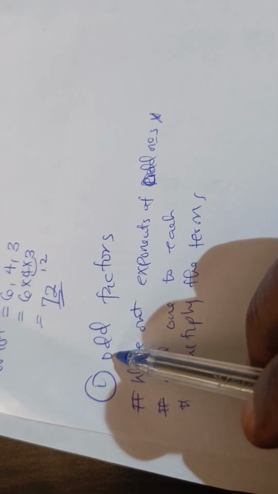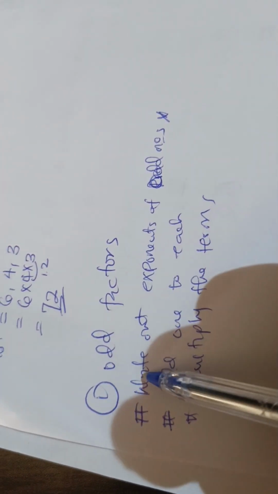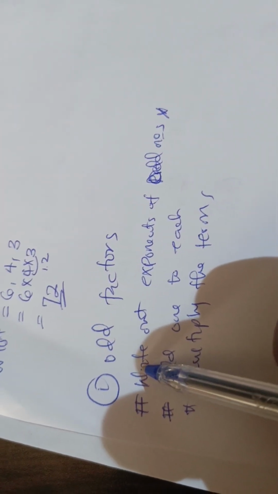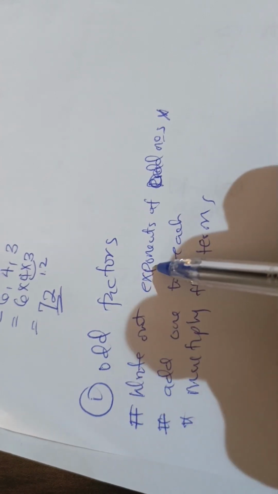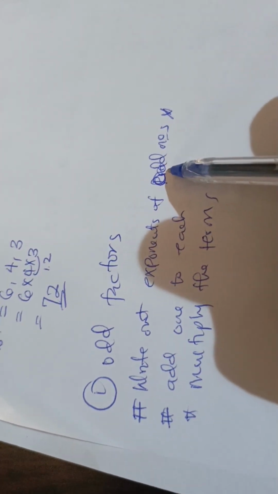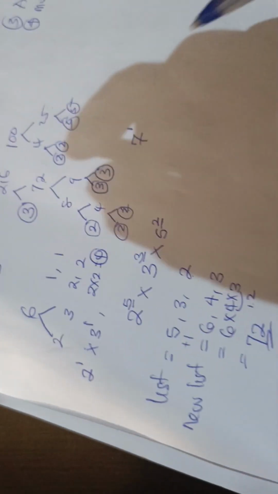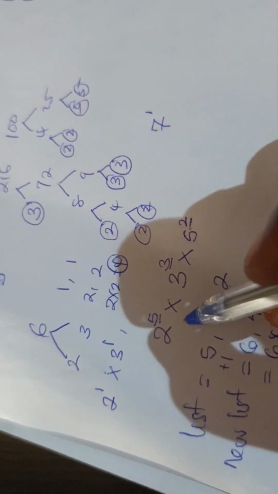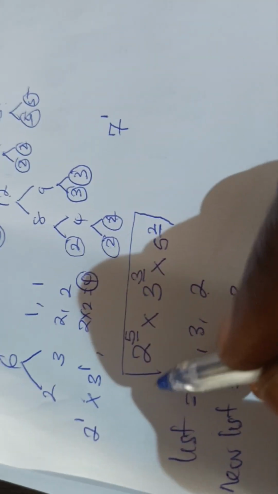To find odd factors, go to your prime factorization list and write out the exponents of the odd numbers only. Sorry, this is kind of crowded because of the other example I showed.